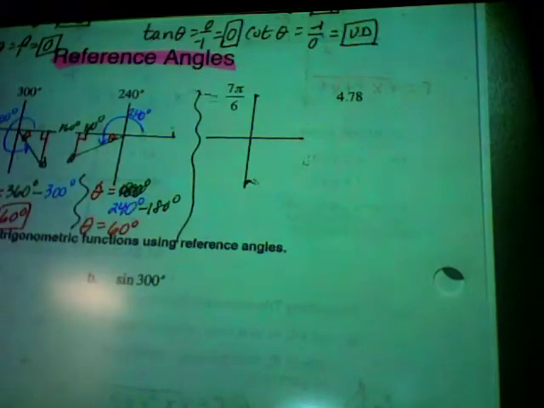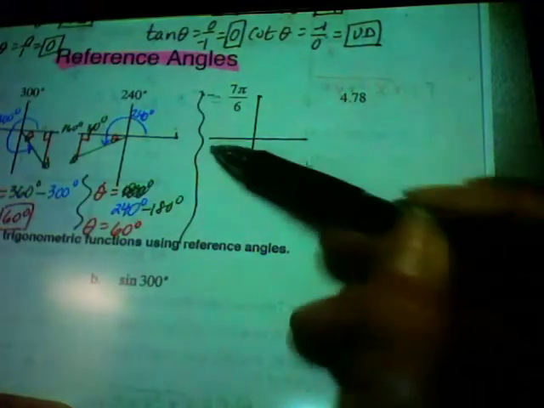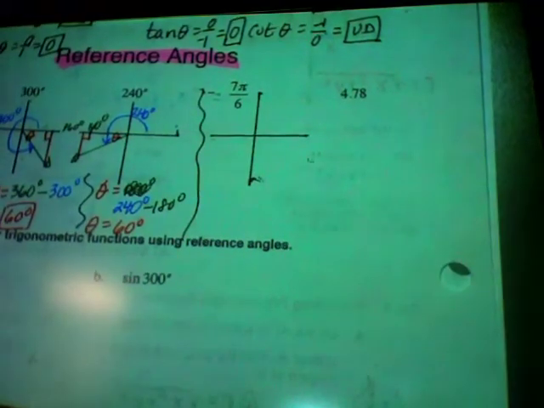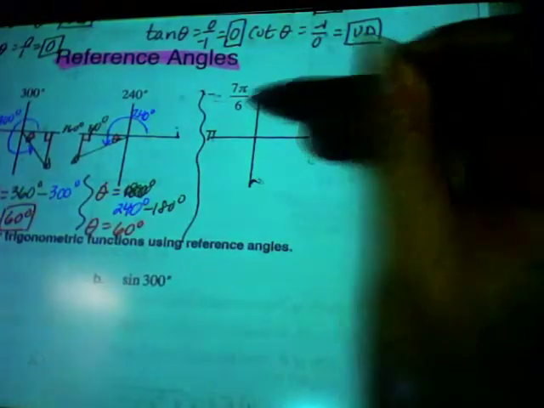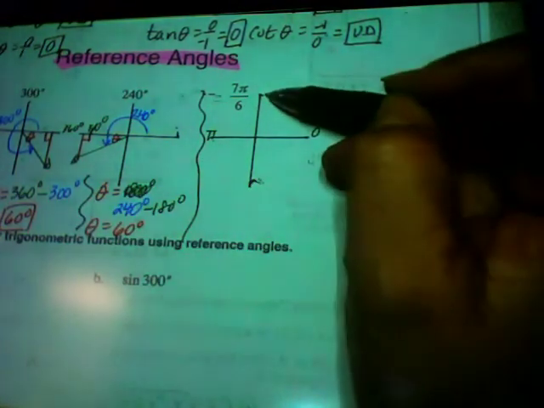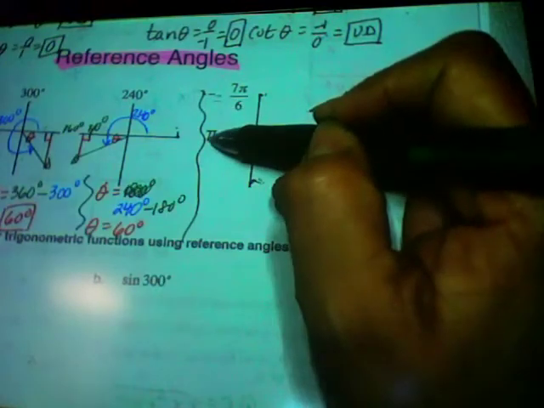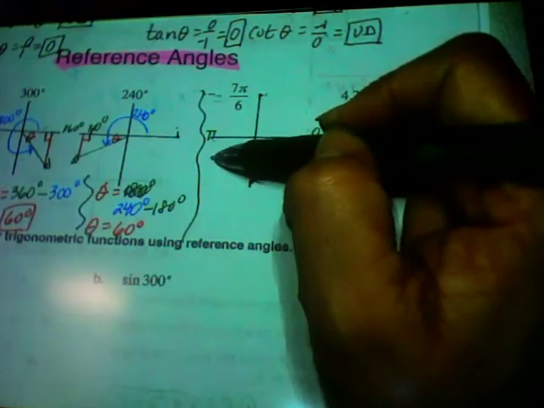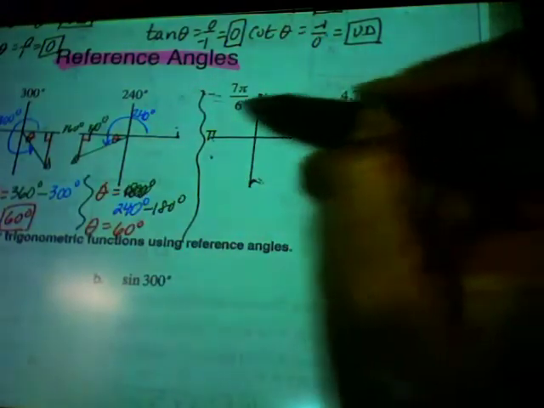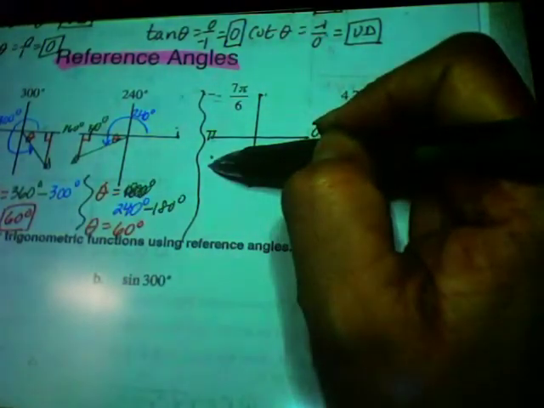All right, so remember this is 0 and this is pi, right? If I'm counting by 6, don't I have 1, 2, 3, 4, 5, 6, so 6 pi over 6 makes 1 pi? Won't 7 pi over 6 be over here? So I end up in the third quadrant.